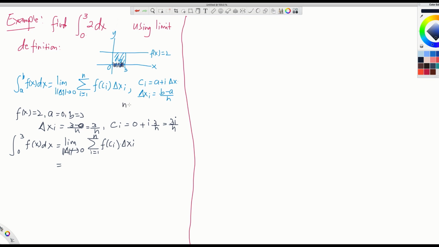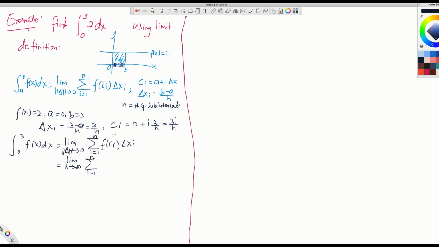N is the number of subintervals. Don't get confused about delta xi and the norm of delta. Delta xi is the width of these subintervals, and the norm of delta is the width of the biggest subinterval, okay? And n is the number of subintervals. When the biggest subinterval has width tending to 0, you will need so many subintervals, that is, n tends to infinity. So you can write the limit as n tends to infinity, and summation i runs from 1 through n.